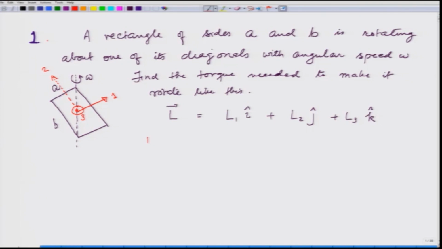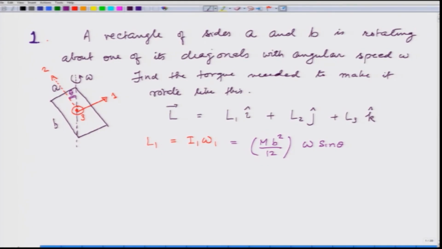Now, L1 would be I1 omega 1. Now, if I take the angle of the diagonal with the axis 2 to be theta, then this is going to be equal to I1, which is m b square over 12, times omega 1. Omega 1 is the component along 1, which is going to be omega sine of theta.